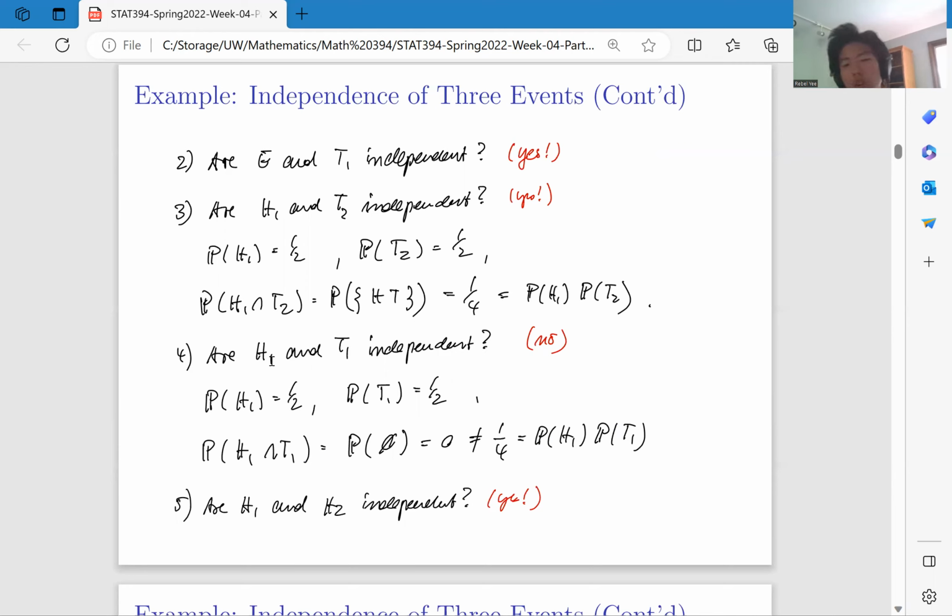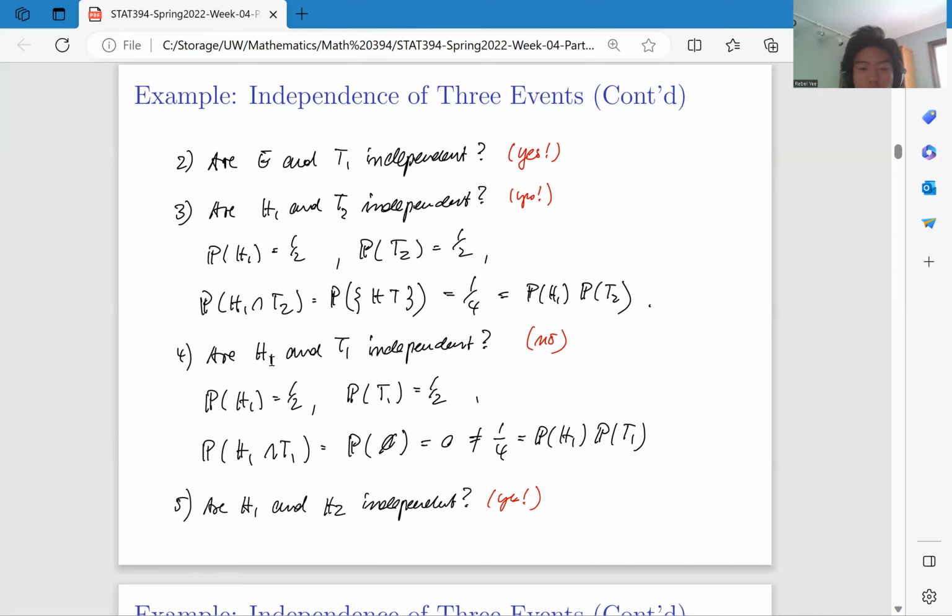One thing we observe here is that all the elements in H1 have H in the first place, but all the elements in event T1 have T in the first place. So they are pairwise disjoint events. Those two events share no elements in common, so the intersection of H1 and T1 is empty.